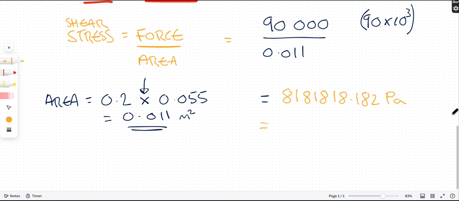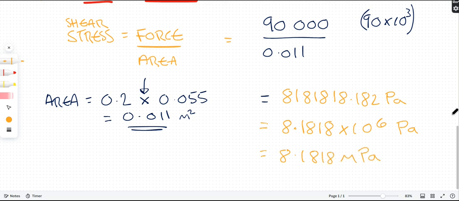Press E and G, you get 8.1818 times 10 to the 6. If you press E and G on the calculator, engineering format, because 10 to the 6 is mega, you could say mega, perhaps. I'll leave it like that for now.